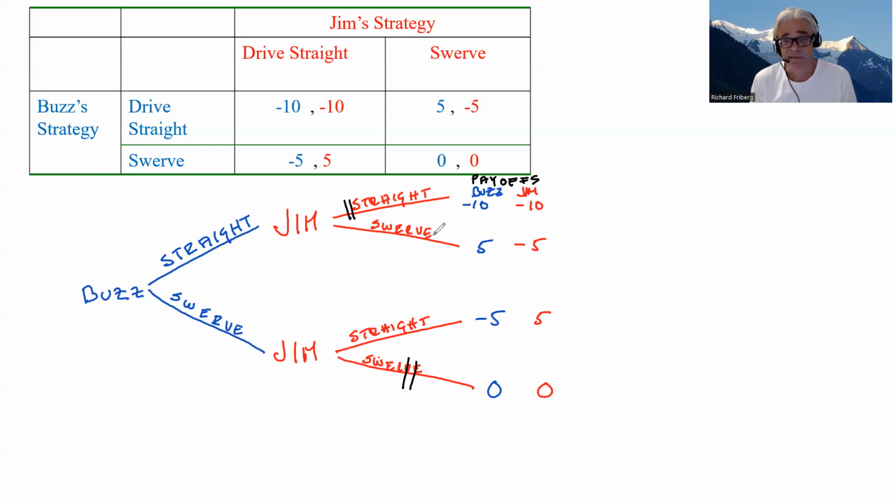Well, we would then be expected to be down in this branch. We've closed this branch. So the expected payoff here would be 5 for Buzz. Okay, so he's comparing that with swerving, where the expected payoff would be -5. 5 is better than -5. So we close this branch. And this then is the predicted outcome in this sequential game. Okay, with a fancy word, we call this a subgame perfect Nash equilibrium.